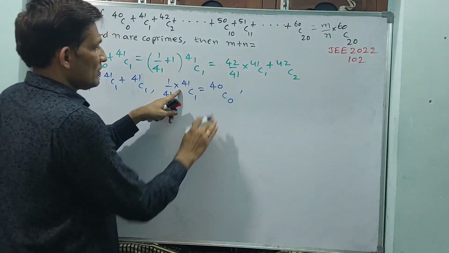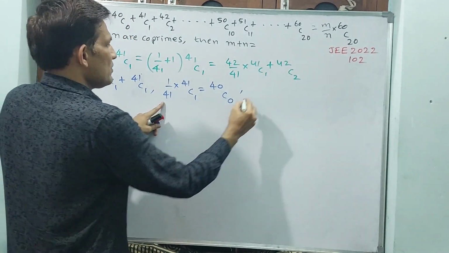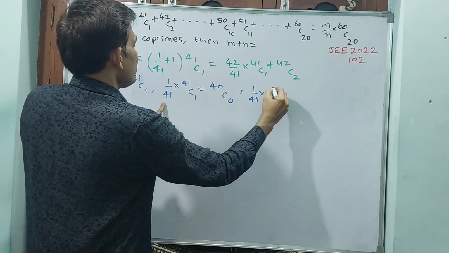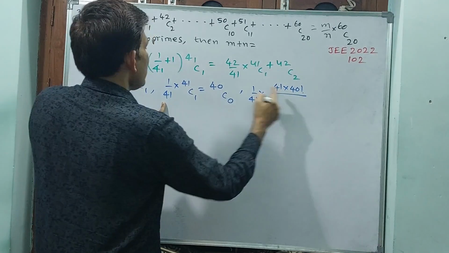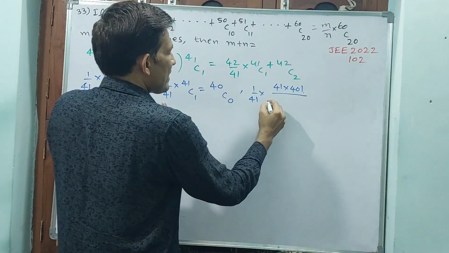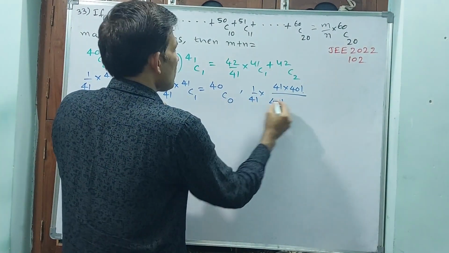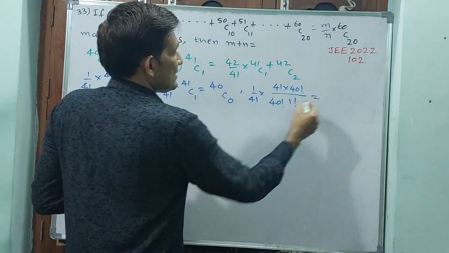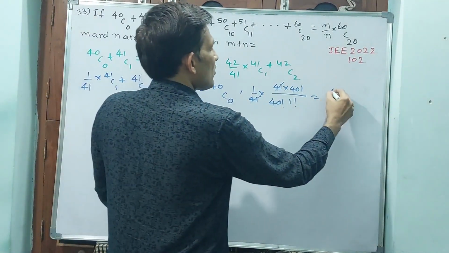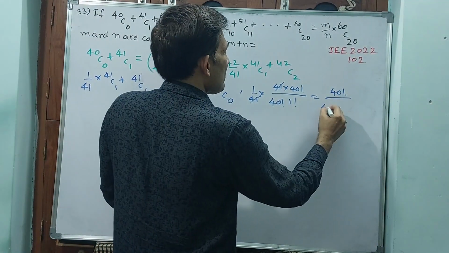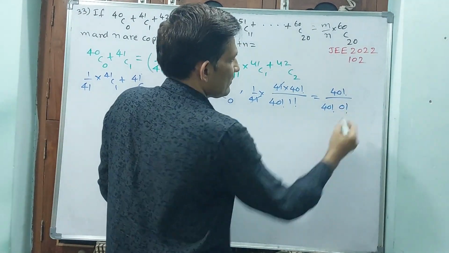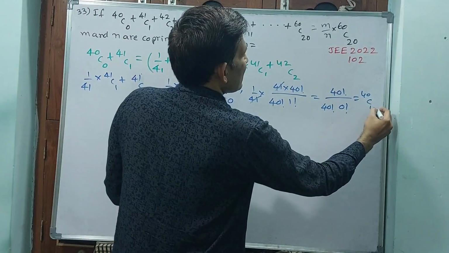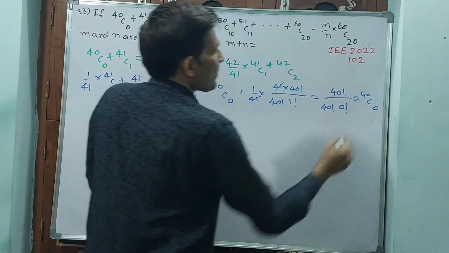I am doing LHS only. 1 by 41 into 41 into 40 factorial by (41 minus 1) factorial into 1 factorial. See, 41 and 41 cancel out automatically, 40 factorial by 40 factorial into 1 factorial, or 0 factorial, both are the same. Is it 40C40, 40C0?